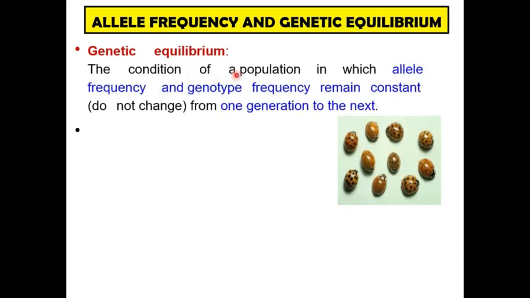Now we look at the relationship between allele frequency and genetic equilibrium. Genetic equilibrium means the condition of a population in which allele frequency and genotype frequency remain constant, meaning they do not change from one generation to the next.